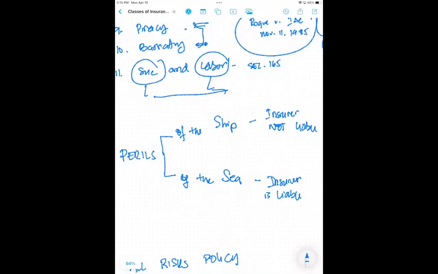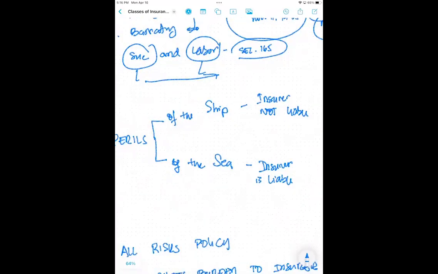Because in sue and labor, the insurer agrees to pay the cost even if they exceed the policy's limit of liability. Okay, so that is how sue and labor would operate. Okay, and this must be expressly stated in the policy.